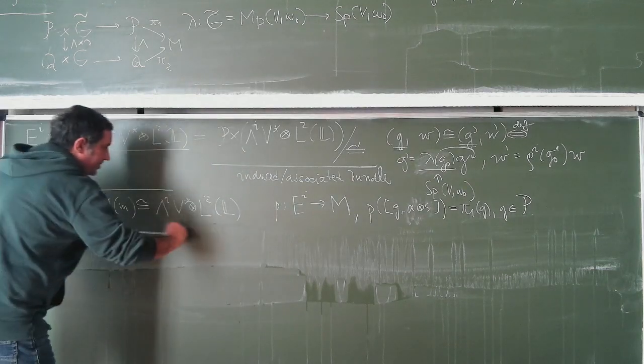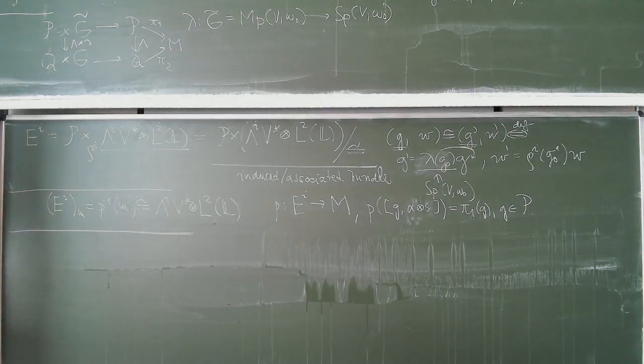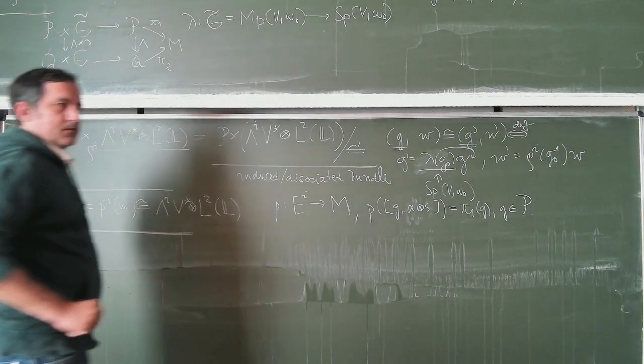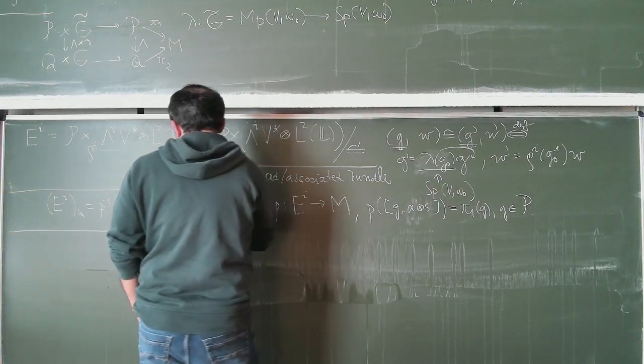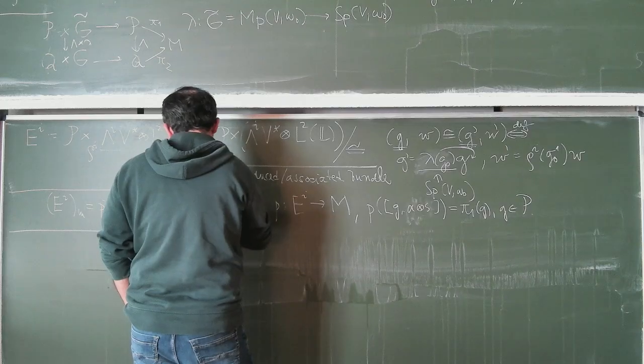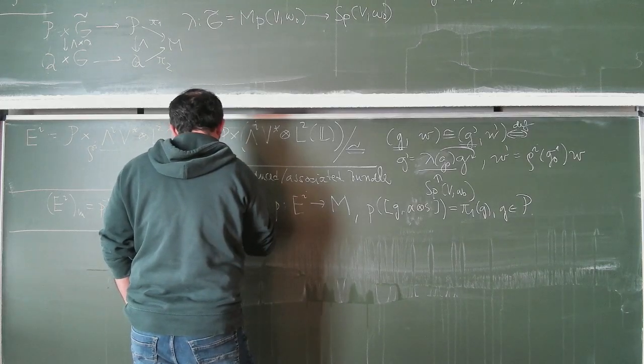Okay. So here something like forms tensored by these L2 functions, so twisted by L2 functions.